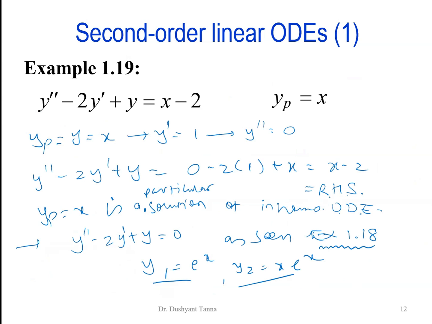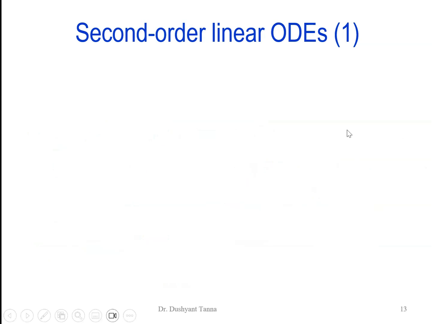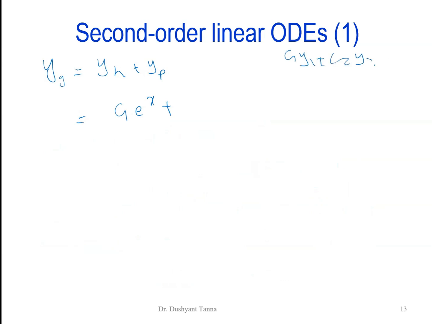Now we write it up. How do we write it up? The solution, we call it YG, is YH plus YP, right? For the homogeneous part, we know C1 e^x plus C2 x e^x, because we know C1Y1 plus C2Y2 is a solution.